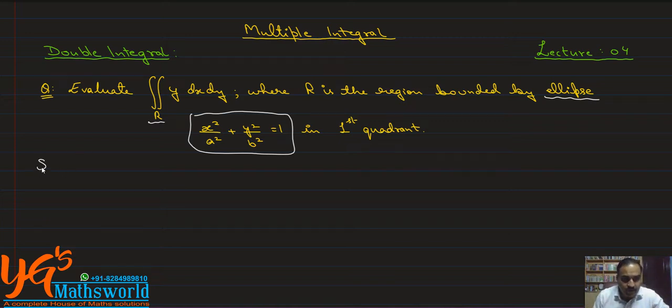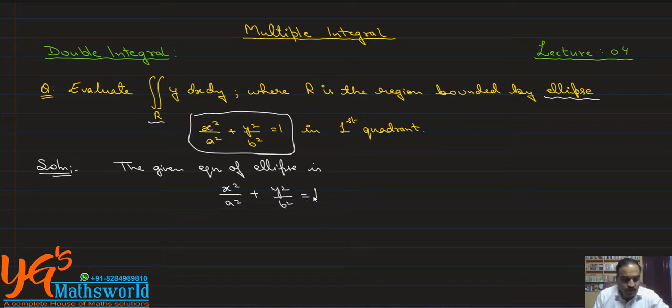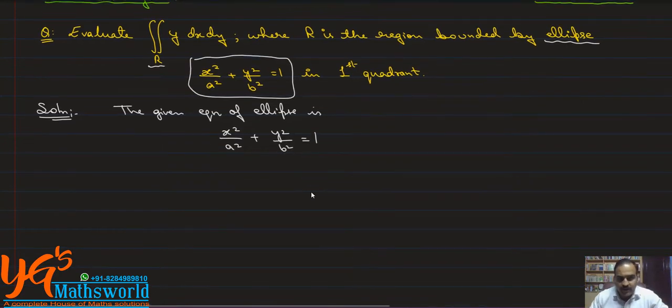Now, coming to the question, the given equation of ellipse is x square over a square plus y square over b square is equal to 1. Let it be equation number 1.